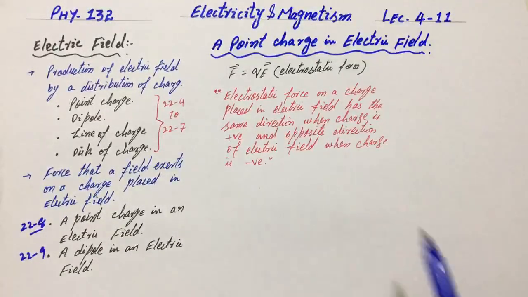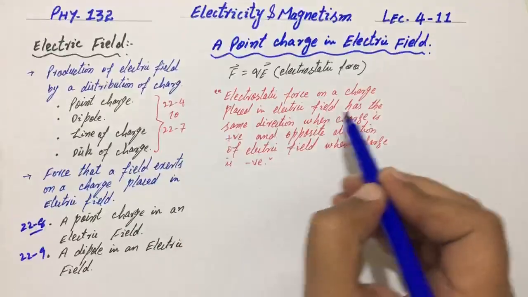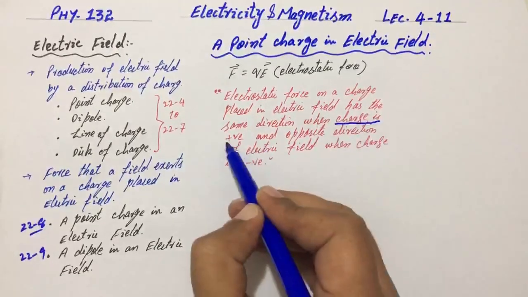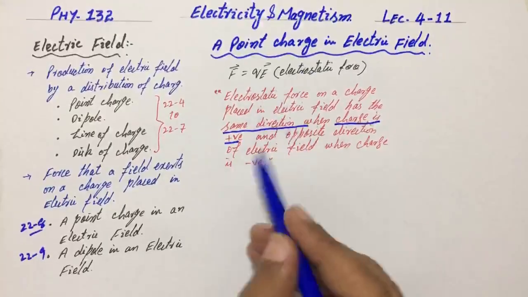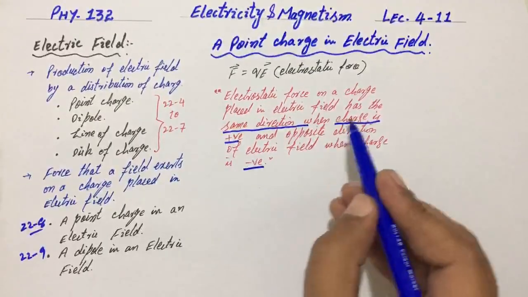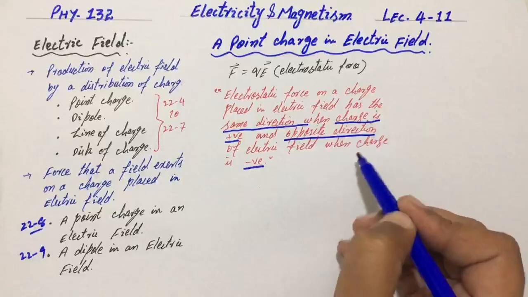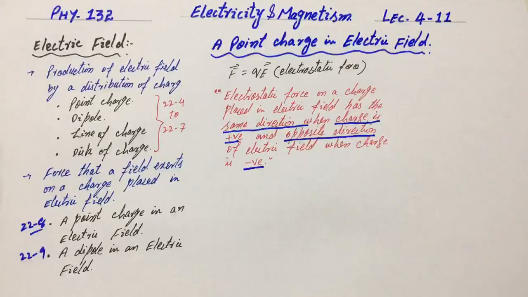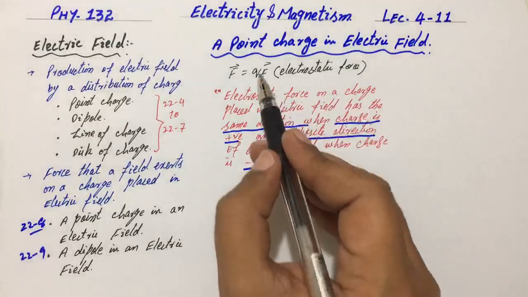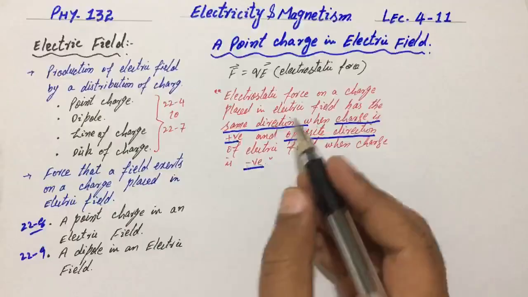So if the charge is positive, then the force has the same direction as the electric field, and when the charge is negative, they are in opposite directions. These are the fundamental points that we already know in the case of electrostatic forces exerted on a charge Q placed in an electric field E. In that situation, this Q is equal to NE.